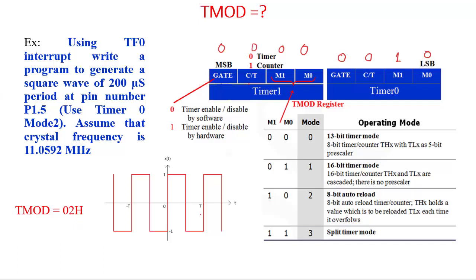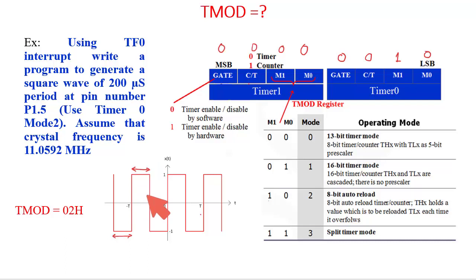Next, for creating this square wave, what is the basic function? The basic function is that for a particular duration, from this point to this point, the status of P1.5 will be 0, and from this point to this point, the status of P1.5 will be logic 1.